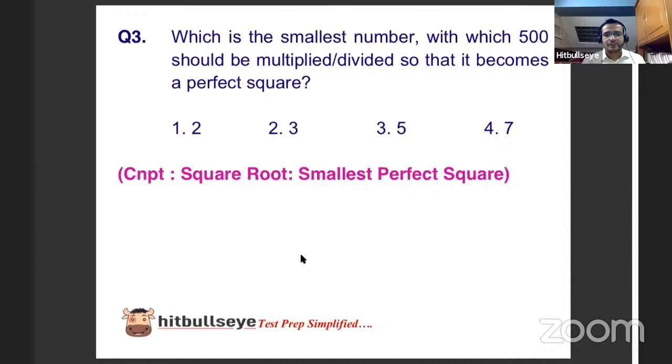All right. So what is the answer then to this question? Please tell me. Answer will be 5. Amrit is saying 5, let's mark it, and let's see what others are saying. Okay, I can see some answers coming as 5. Simran is saying 5. Ritvik is saying 5. Multiplied or divided, so we have to see both ways that it becomes a perfect square.